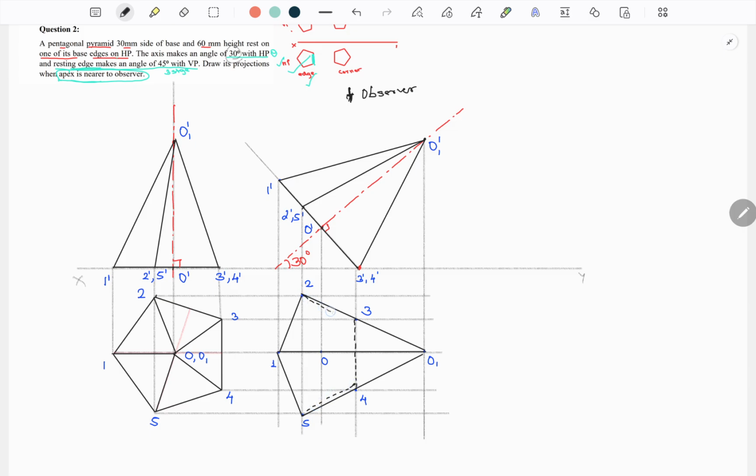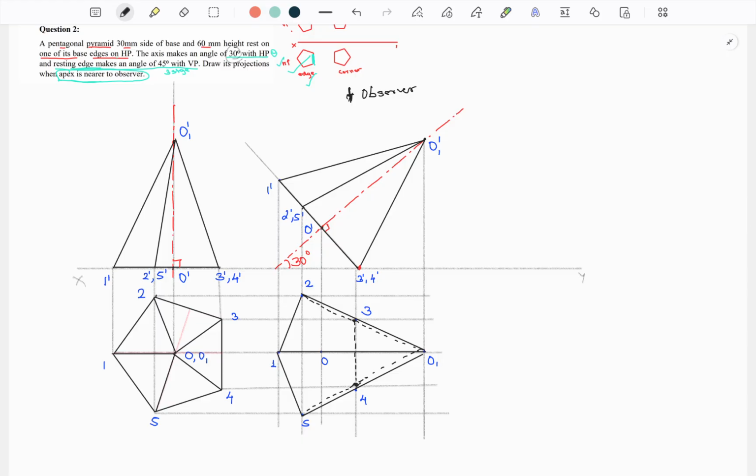Here also you will get a dotted line. This will be the point. Okay, here is the point 4. Is that clear? Then 3 to O, dotted line, and 4 to O again, dotted line. Okay, so this is my stage 2 top view.